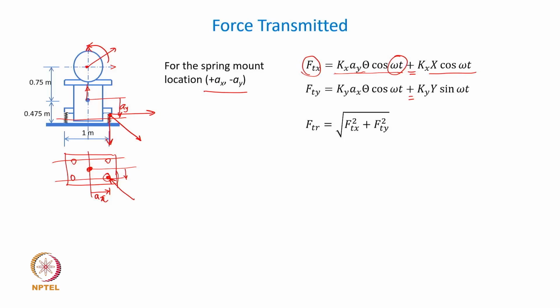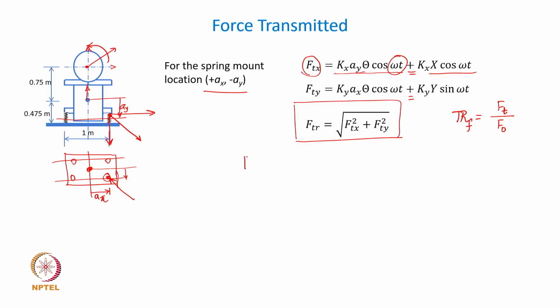Okay. So, we can use the total force transmitted using this expression, and this force transmitted again will be a time dependent force. Okay. Now, if I want to find out the maximum force transmitted, because our transmissibility Tr due to force will be what? Force transmitted divided by the applied force F naught, isn't it? So, if you want to do that, you will have to actually get this expression by substituting appropriate numeric values.